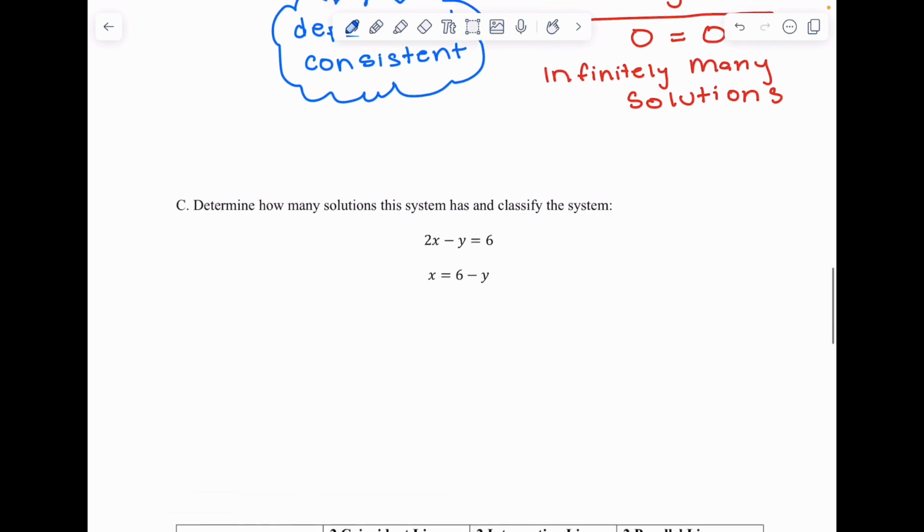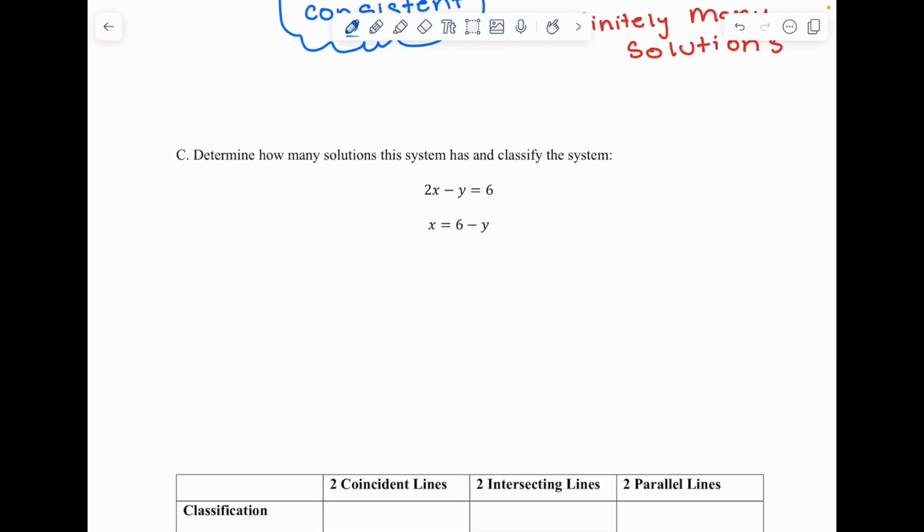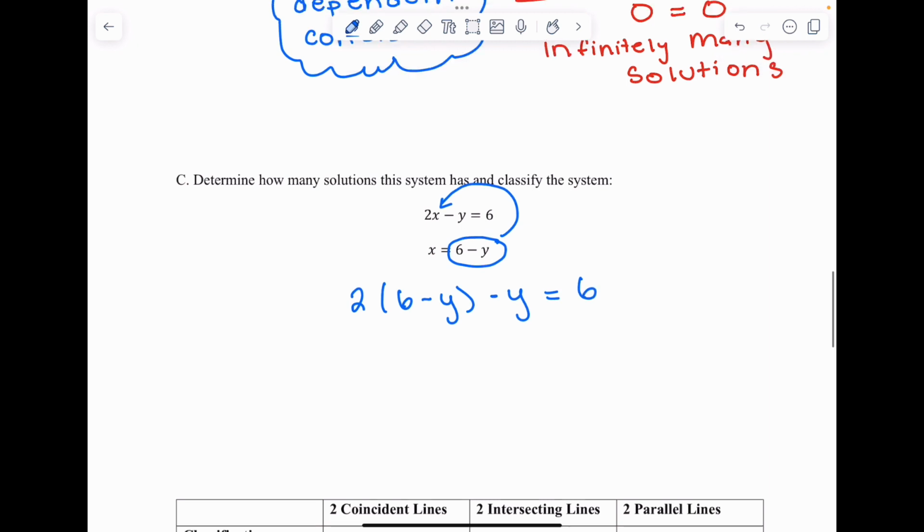And last one, determine how many solutions the system has and classify the system. I am all set up for the substitution method, so I'm going to go ahead and plug all of this in for x. 2 times 6 minus y equals 6. I am going to distribute to get 12 minus 2y minus y equals 6.